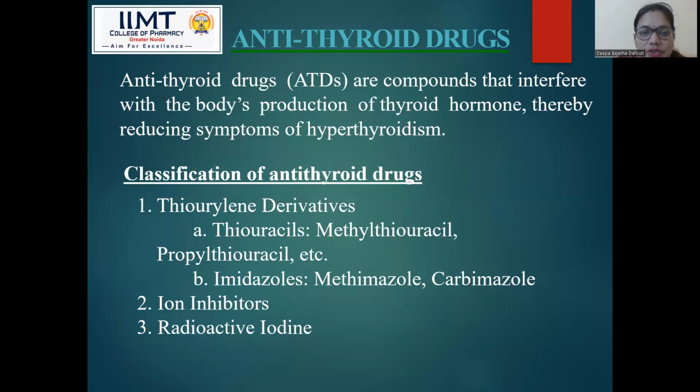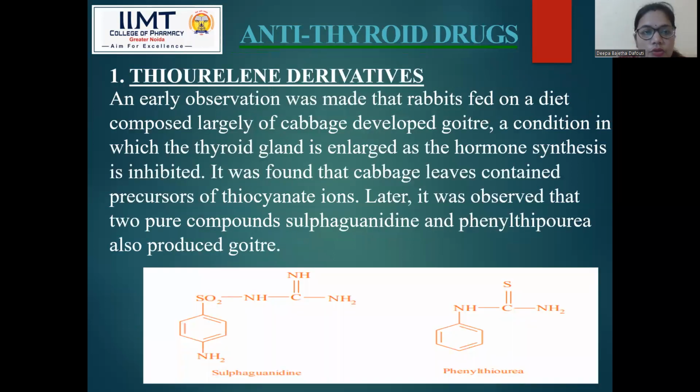So the classification of anti-thyroid drugs: first is thiourylene derivatives. In thiourylene derivatives, first is thiouracil, and the drugs used in this are methylthiouracil, propylthiouracil; imidazoles, methimazole, carbimazole. Second is ionic inhibitors, and last one is radioactive iodine. So first one is thiourylene derivatives.